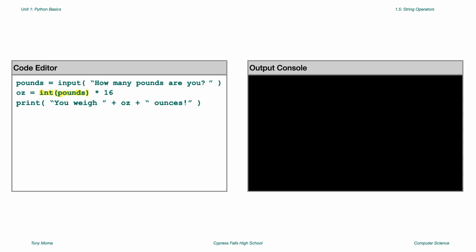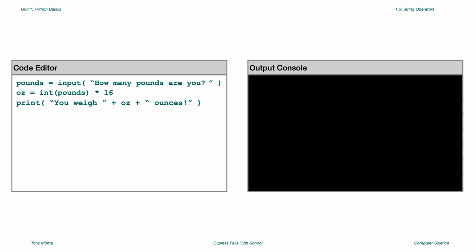That being said, this change will lead to an error in line 3 because now we're attempting to concatenate a string with an integer, since the OZ variable is now an integer. Originally, OZ was a string, but because we changed line 2 to a math expression, the Python interpreter stored the value as an integer.